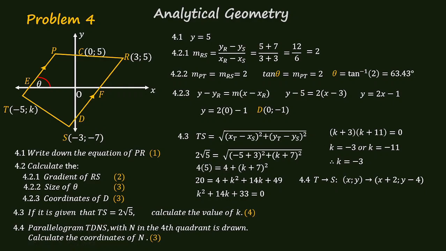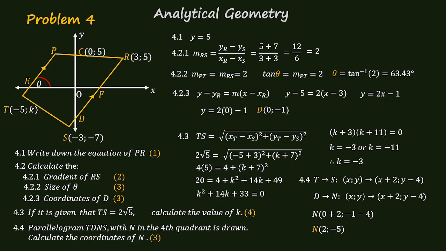We added 2 here to arrive here, and we subtracted 4 to arrive here, so we are doing the same thing with D. We add 2 to the value of x, we subtract 4 from the value of y, and the coordinates of N will be (0 plus 2; minus 1 minus 4), which is (2; minus 5).